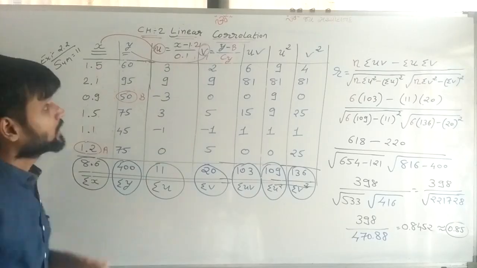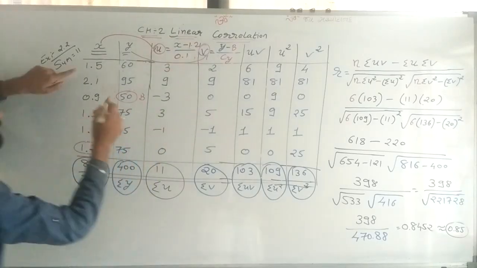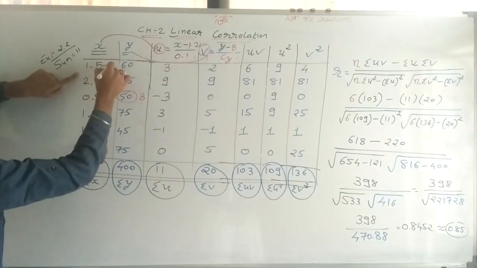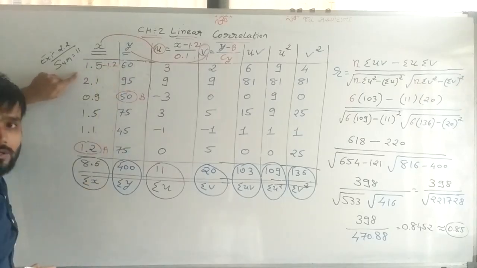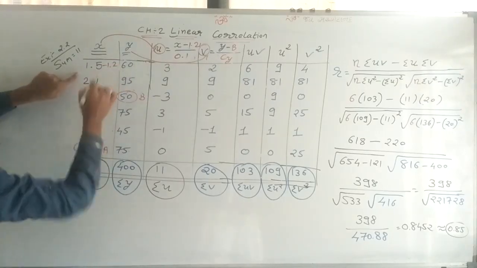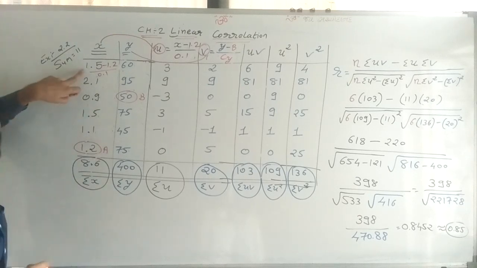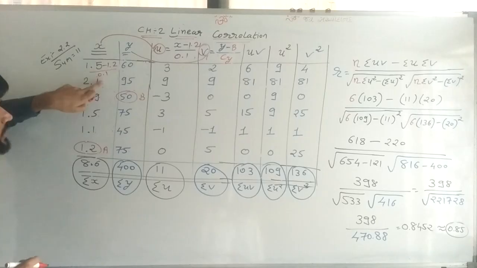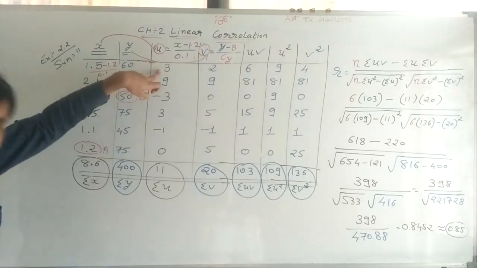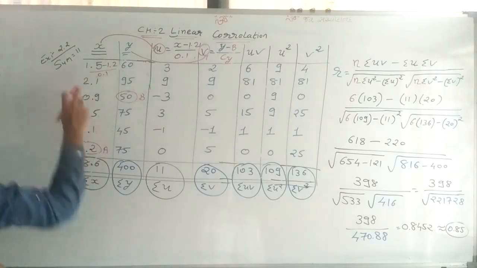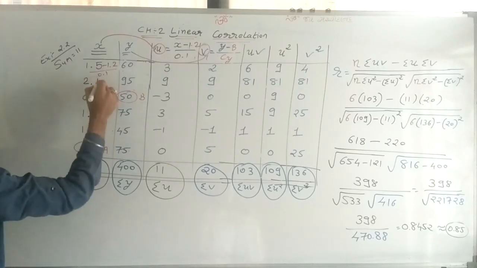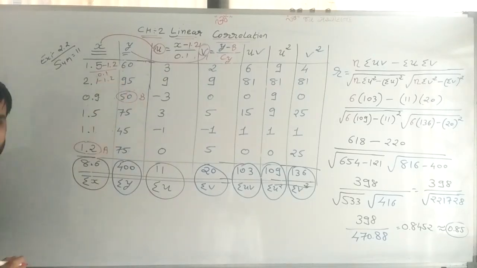Now talking about the 1.2, from all the values of x, minus 1.2 divided by 0.1. So 1.5 minus 1.2, answer is 0.3, and 0.3 upon 0.1, answer is 3. Same way for the second value, 2.1 minus 1.2 divided by 0.1.